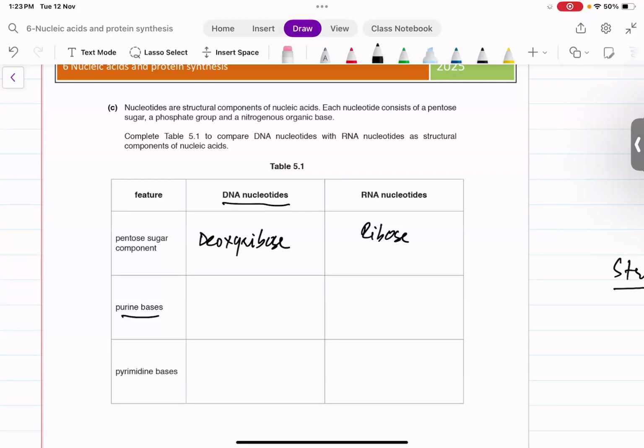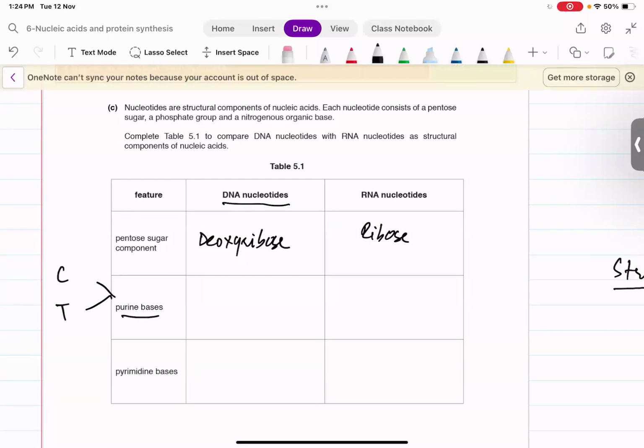Purine base. Which ones will be in DNA? Which are the purine bases? Sorry, this is purine base. So purine bases are adenine and guanine, and this is pyrimidine. So this is cytosine, thymine, and uracil. DNA and RNA have the same purine bases, so there is no difference in purine bases.